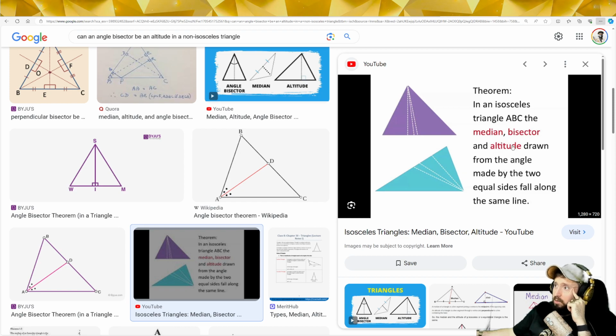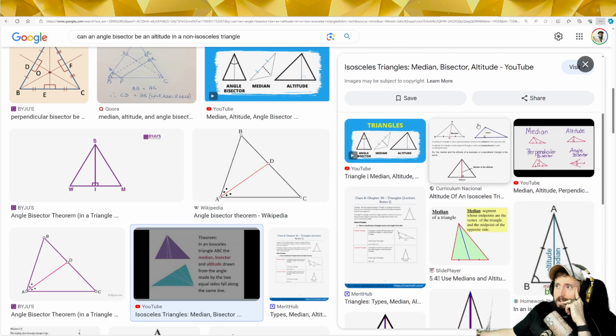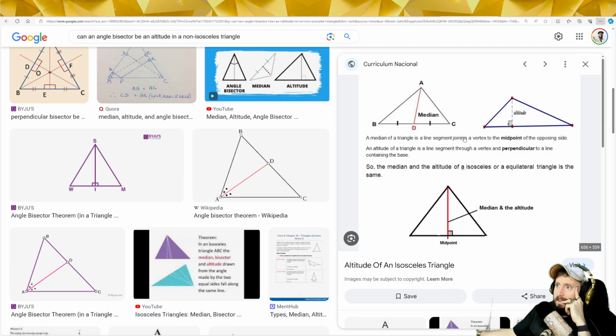So yeah, I agree with this. If something is isosceles, the median, the bisector, and the altitude are the same line. But I want to know if I can have it without the median being the same. But then why do we include the median part?